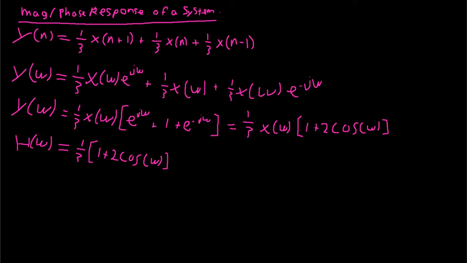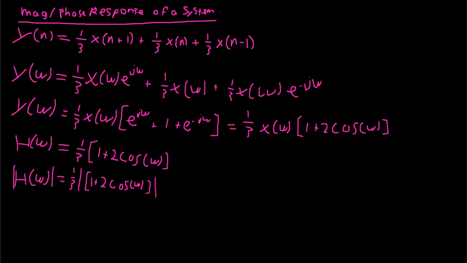Our magnitude response from this is just going to be the absolute value of this function. So basically 1/3 times the absolute value of 1 plus 2 cosine w.